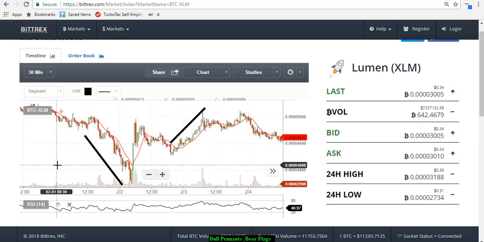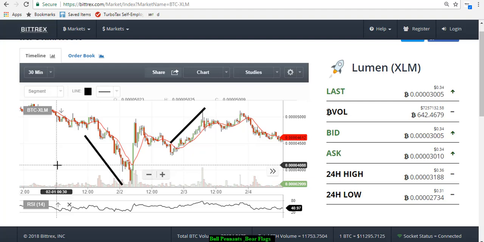Now what a pennant is in a bull market, I'm going to address the bull market first. What a pennant would be in a bull market, it can only exist if the market is above the moving average. What essentially is happening is it's a breakout into a consolidation. A consolidation meaning a slowdown or a decrease in volatility and volume, and then back into a breakout.